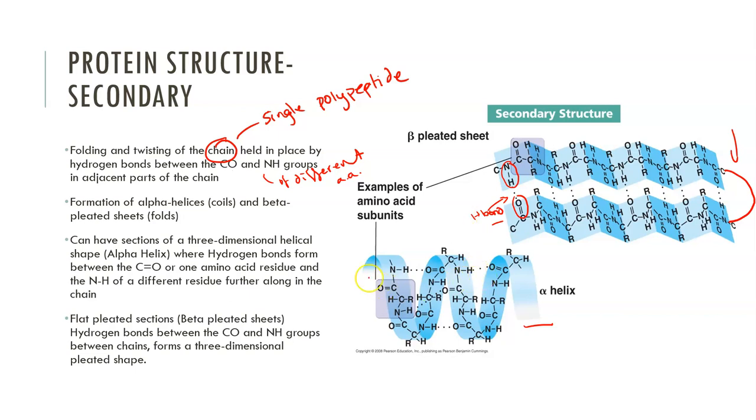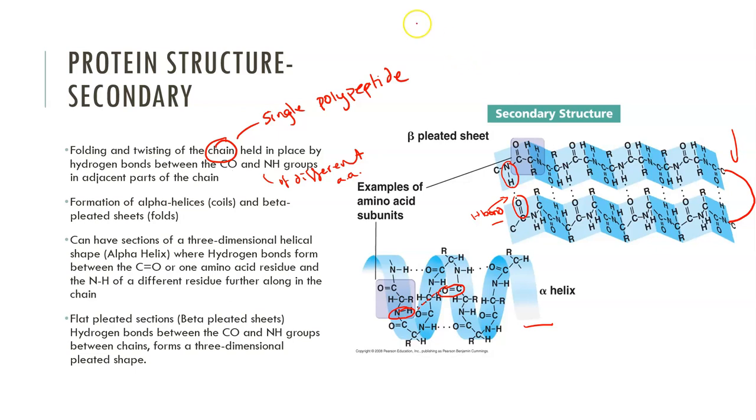With the alpha helices, you can see here that we have the NH of one amide link forming a hydrogen bond to a different peptide further along. This causes the chain to coil in order for these hydrogen bonds to have the right orientation and correct distance.